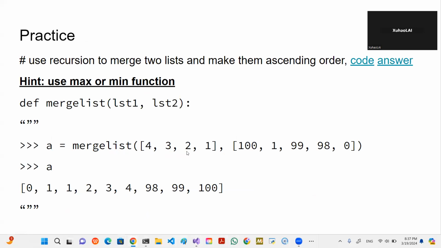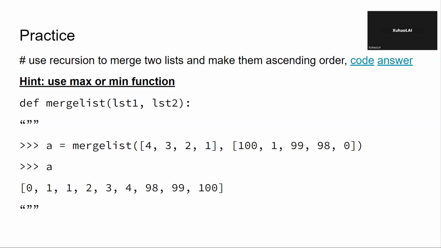So I take in 4, 3, 2, 1, and 101, 99, 98, 0. And every time I have this list, suppose I have 4, 3, 2.